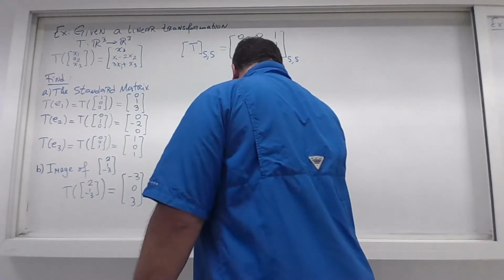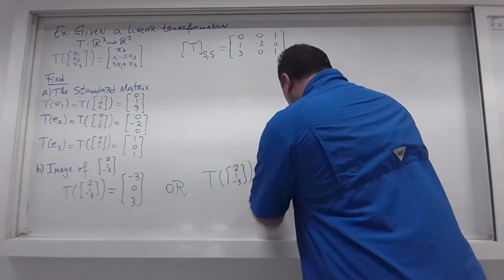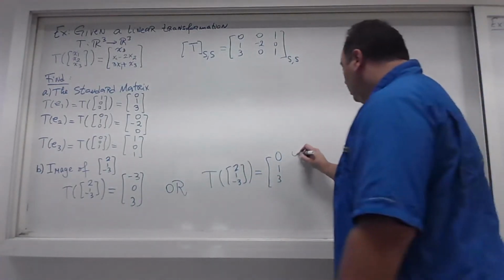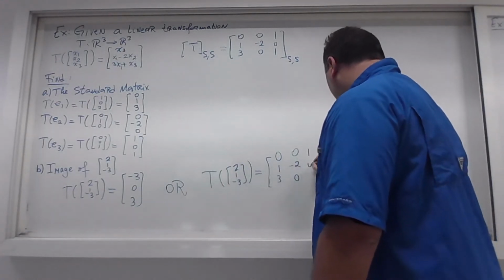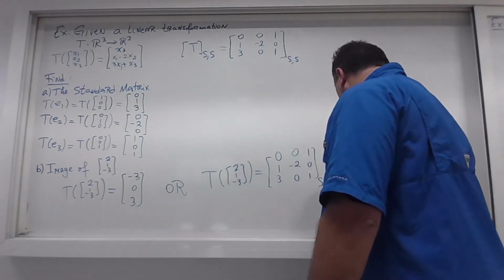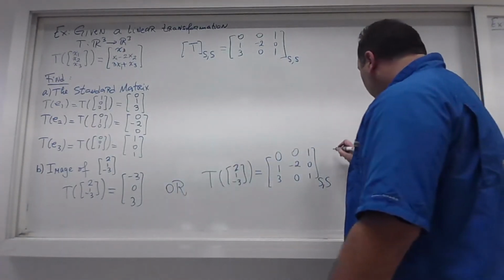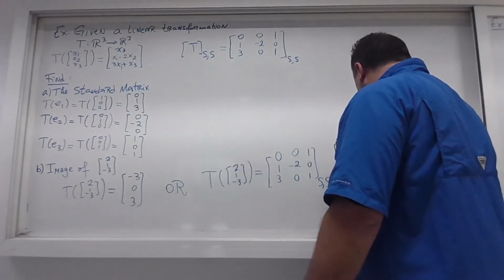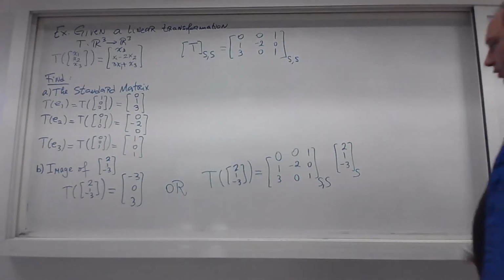-3 is equal to the product of the representation matrix, the standard matrix here, with the coordinates of the vector 2, 1, -3 in the standard basis, which is the same as the vector, we know that. Coordinates of a vector in the standard basis are equal to the components of the vector.